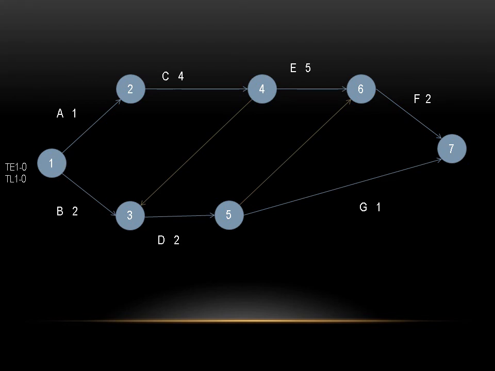Here TE1 it is 0. I will not explain it anymore because I think you are almost clear about it. 1 to 2, 0 plus 1, T2. It is 2 to 4, only 1 is merging, 5 days. Then it is 5 days because 1 to 2 it took 2 days, comma, another dummy is also there.